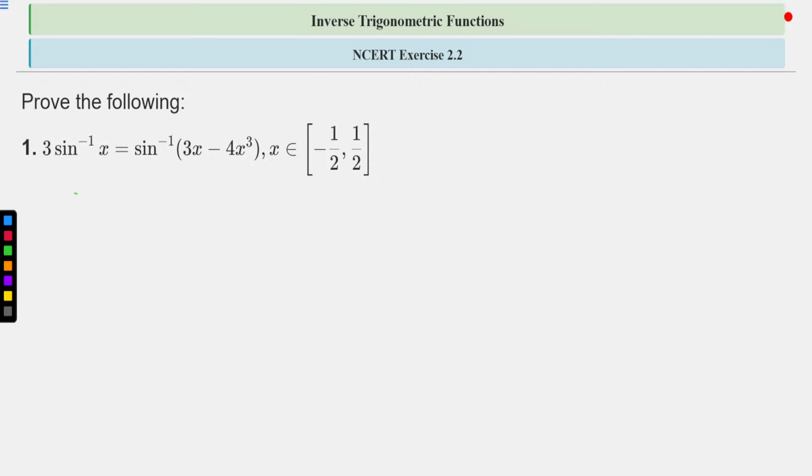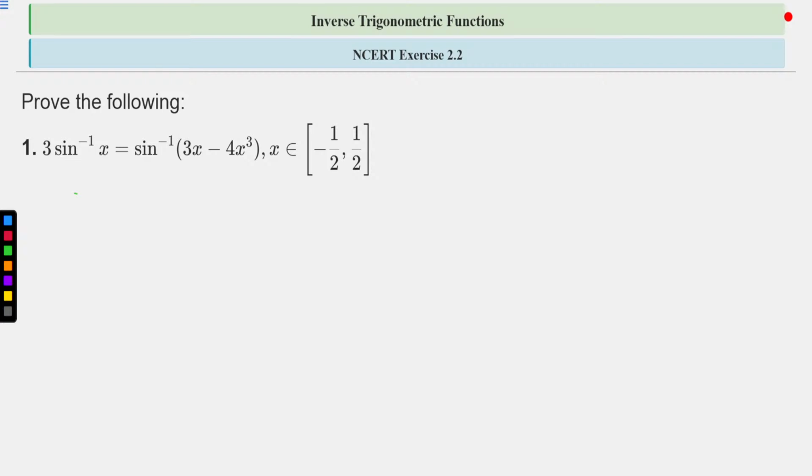See, the hint of this question is you may take sine inverse x as theta, right? You should use the identity sine 3 theta.